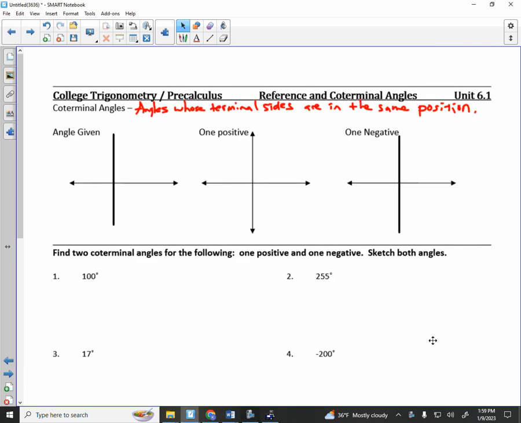Coterminals are angles whose terminal sides are in the same position. So suppose I have an angle of 105 degrees. Which quadrant does that place me in?